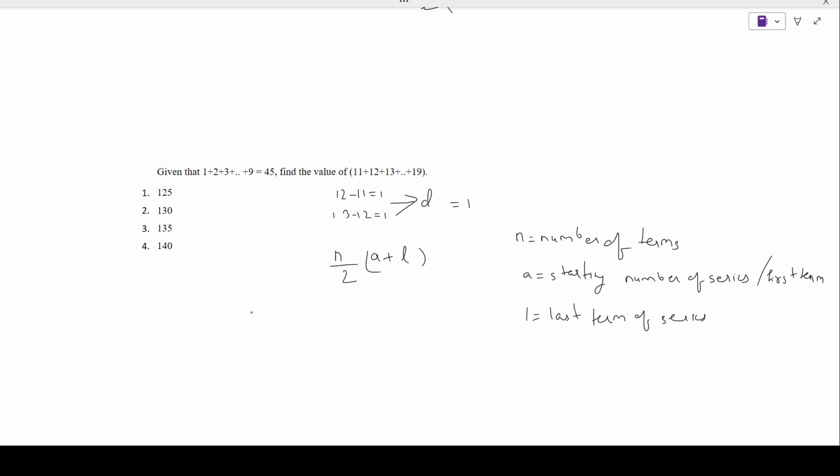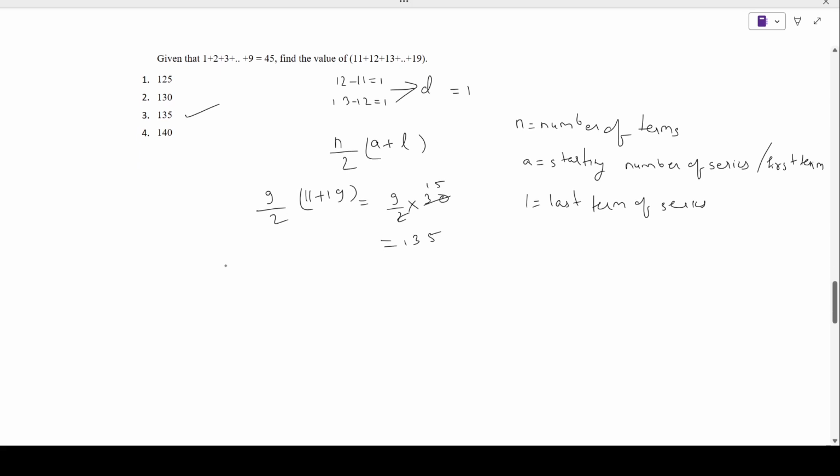So using this formula, from 11 to 19 we have 9 terms. 9 by 2 into 11 plus 19. 11 plus 19 comes to 30. 2 15s are 30, 15 nines are 135. So the correct answer is option 3, 135.